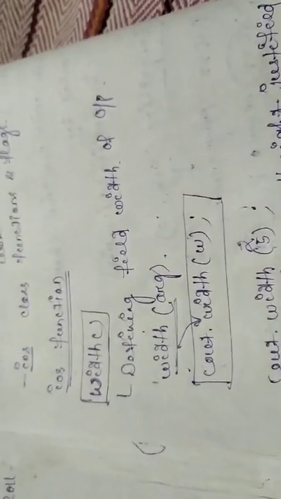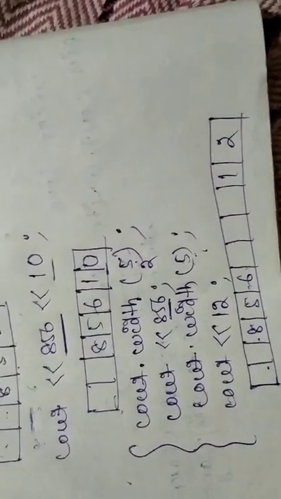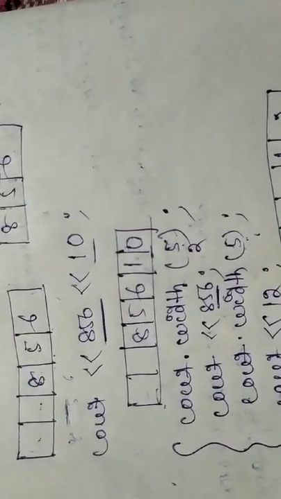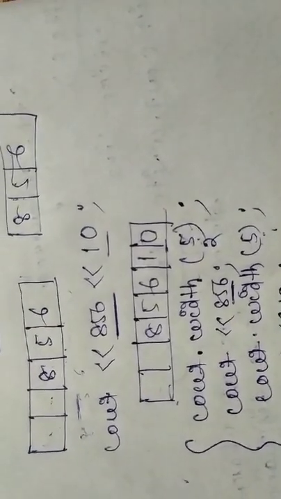So this is all about our width function. We'll use it in a program later after studying all the formatted console I/O operations.